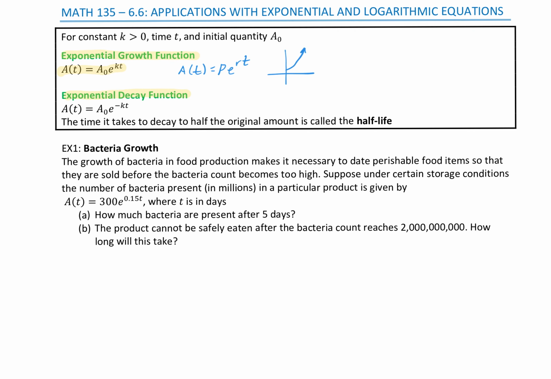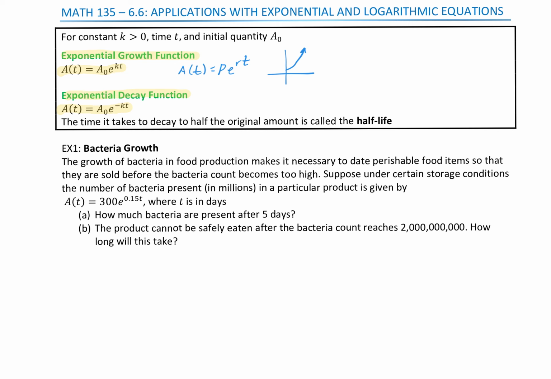And here notice that it's the same formula, A of t equal to A sub 0 e to the, but it's a negative kt. And because that exponent is negative, that's going to give us that decrease or the decay.